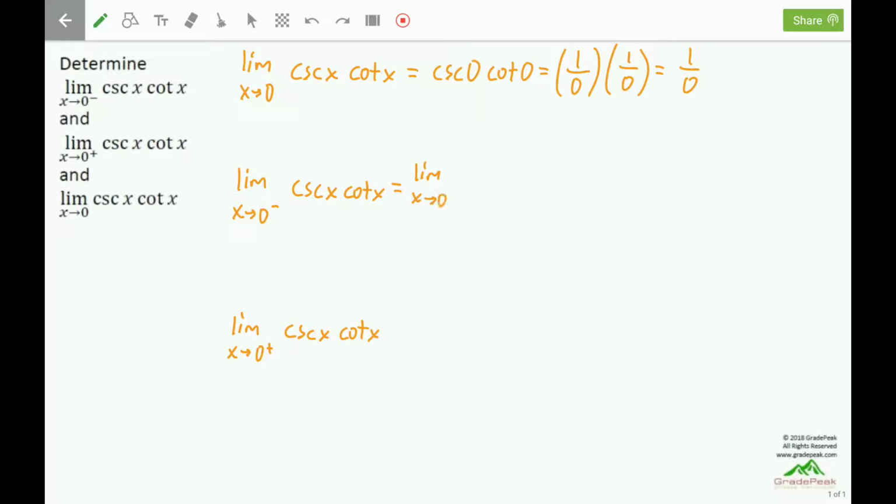The first thing to do is to rewrite the trig function so that we can see where the 0 in the denominator is coming from. The cosecant of x is 1 over the sine of x. The cotangent of x is the cosine of x over the sine of x.